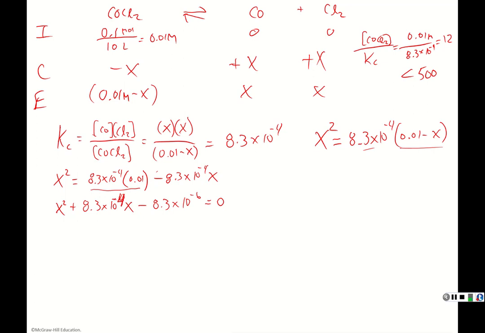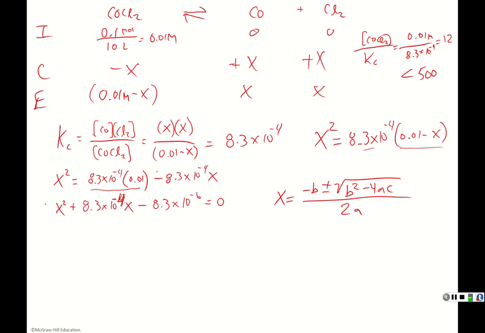Right, so the quadratic equation, just to remind ourselves: x equals minus b plus or minus the square root of b squared minus 4ac, divided by 2a. Right?